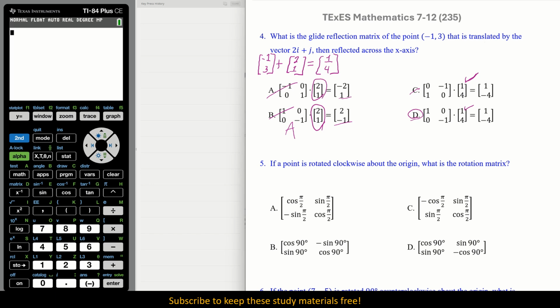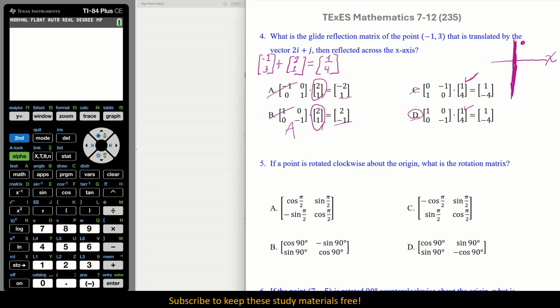Either way, if I draw this out, I'll just sketch it out really quick. We are starting with 1 and 4 right here. Then we're going over the x-axis. So that means, and pretend like my y-axis is actually straight. We do a lot of pretending in these videos.